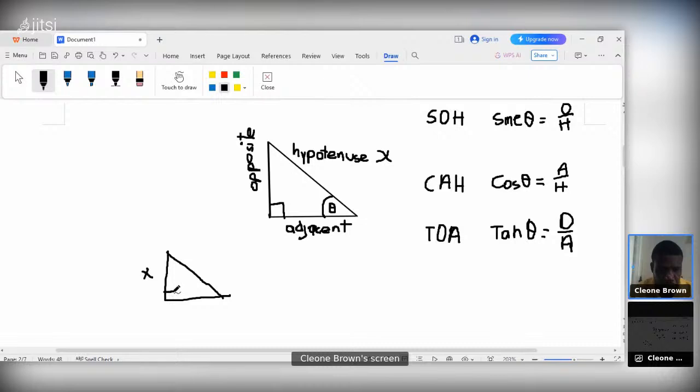We have the right angle here and our reference angle right here. We say that this is 40 degrees, and we have 4 centimeters here.